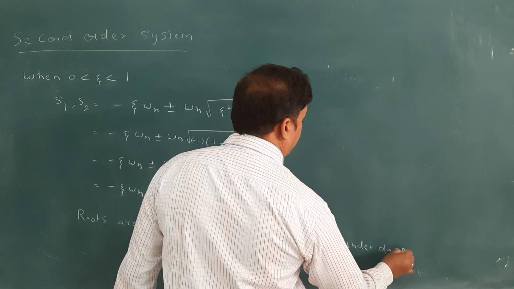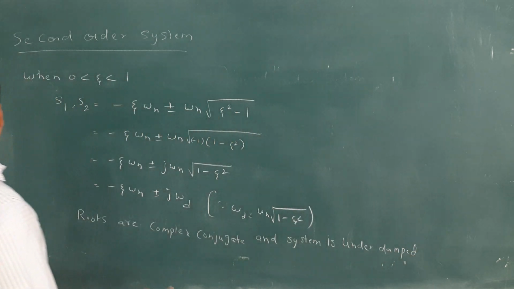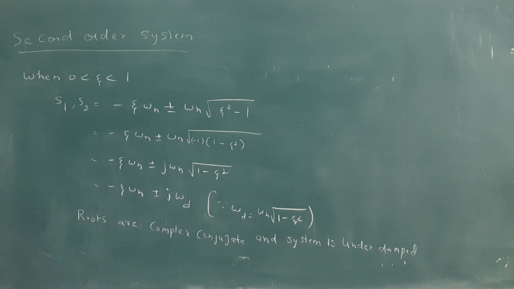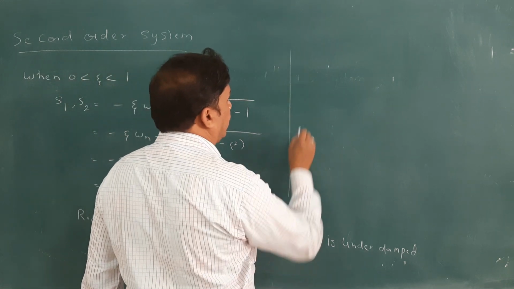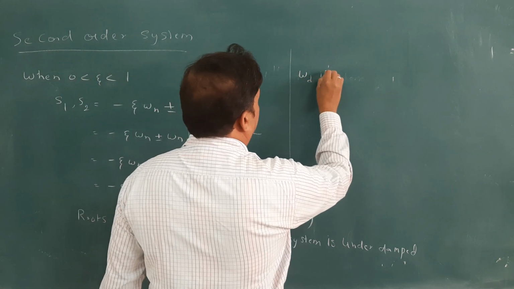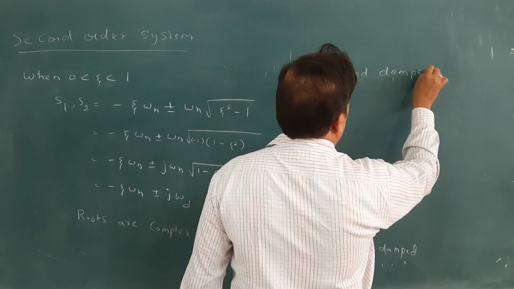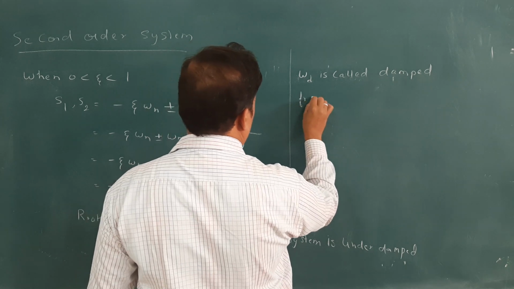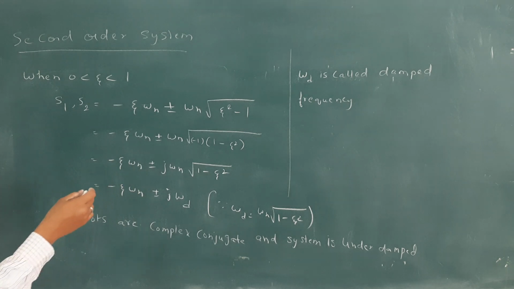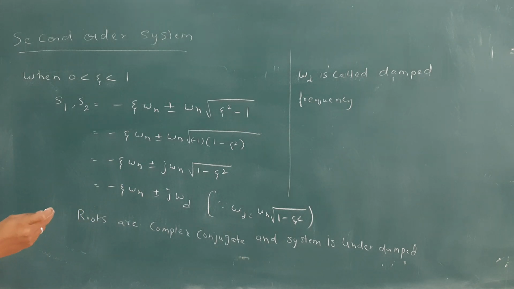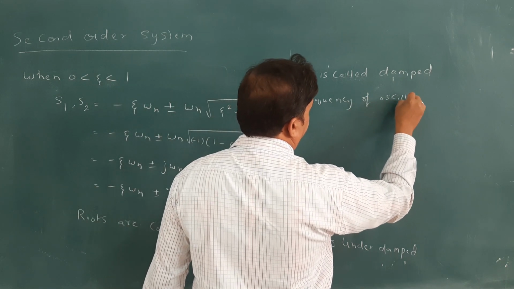So here we have covered the zeta value and the type of system as the zeta value varies. And what is omega d? Omega d is called the damped frequency of oscillations of the system.